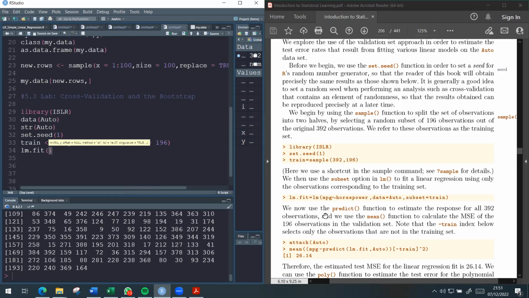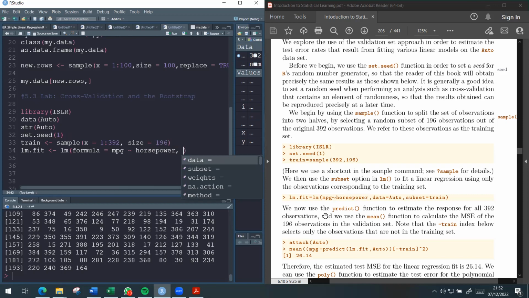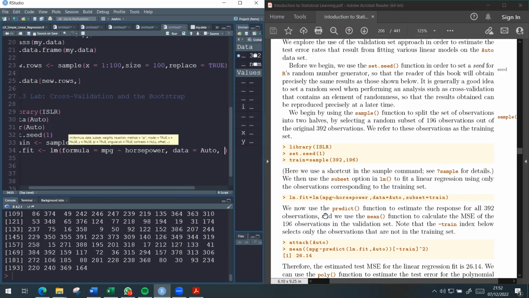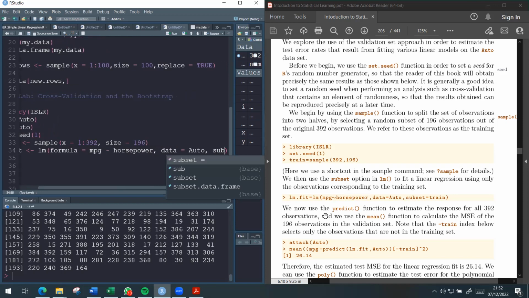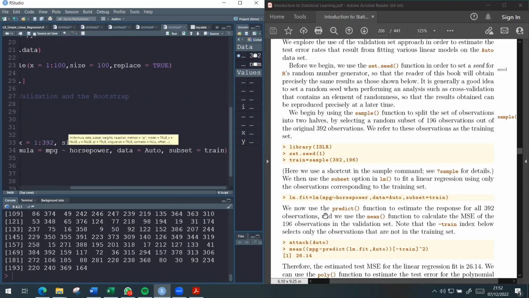So lm.fit, this is the name. Now we do lm. The formula is going to be miles per gallon on horsepower. The data is the Auto data set. And subset, let me just tell it train.